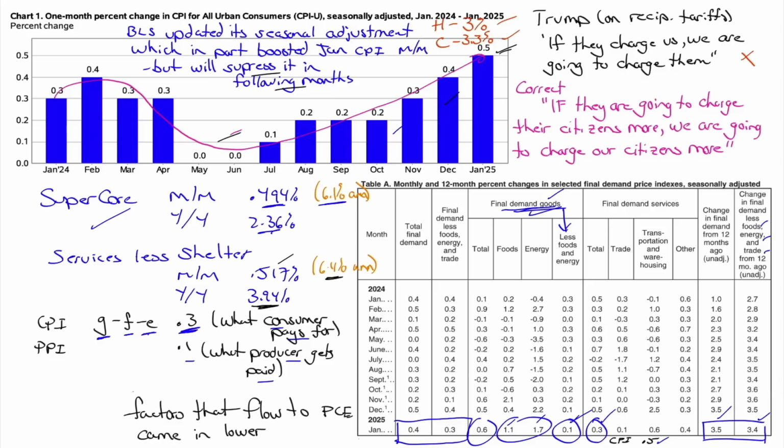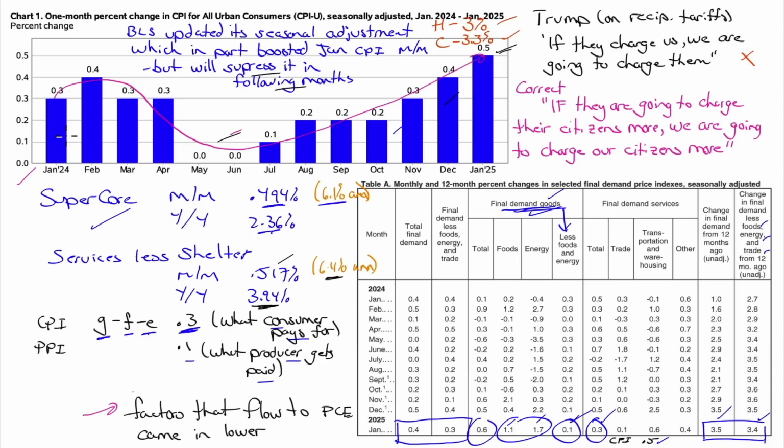What was positive when this came out is the factors that flow to PCE came in lower. Why didn't we look at CPI for that? Because you have some of those elements in CPI. Why was PPI more important for that?